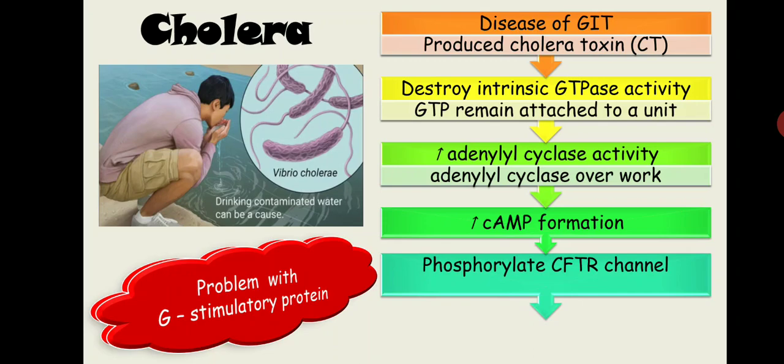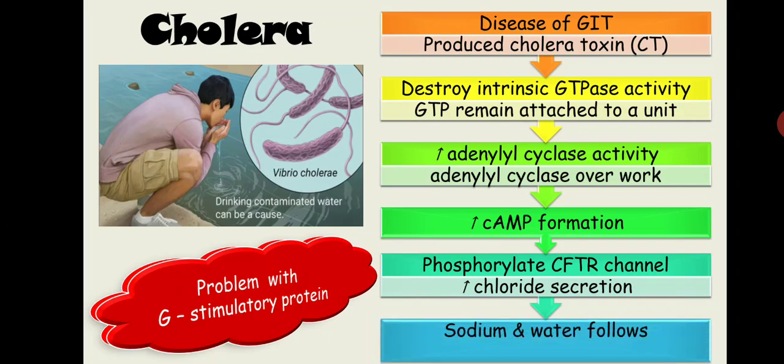CFTR is the cystic fibrosis transmembrane conductance regulatory channel. What will this channel do? It increases chloride secretion. As chloride secretion takes place, sodium and water follow the chloride and ultimately diarrhea will occur. So this is what happens in cholera.